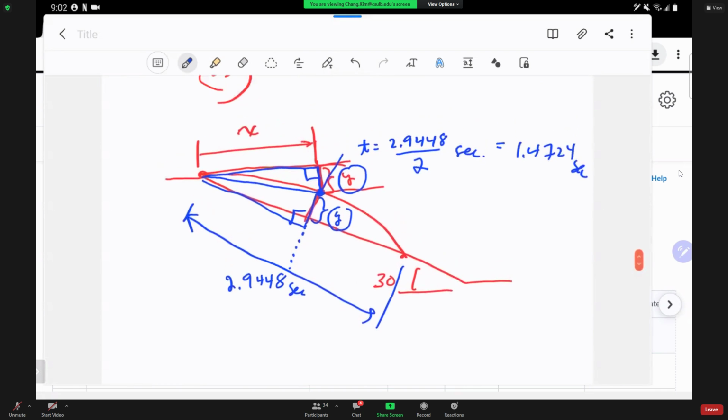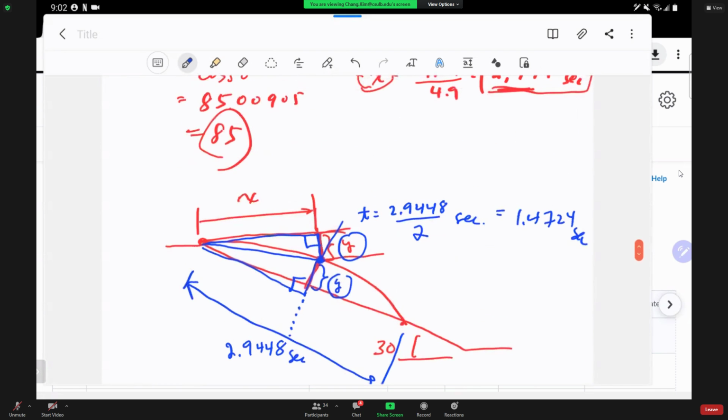So all I have to do is find the y when time is equal to 1.4724, and in this case it is 1/2 times 9.8 t squared. So t is right here. If I were to compute, I have about 10.623 meters.